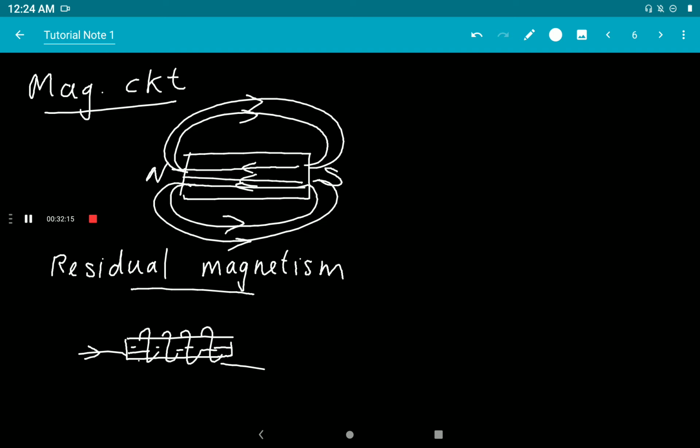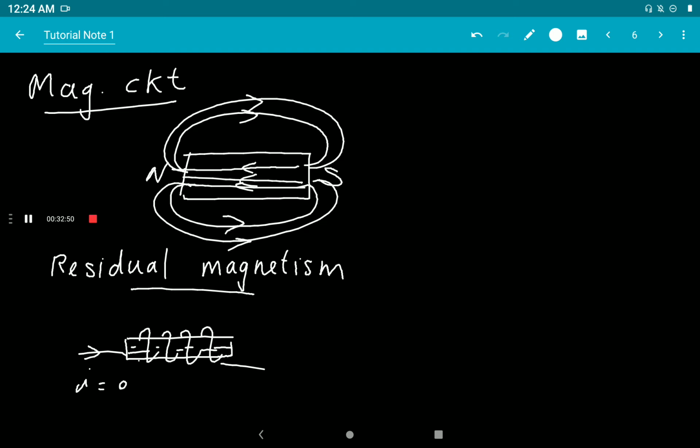But practically there is still some magnetism left in the rod when the current is reduced to zero. The magnetism left in a magnetic substance after the magnetizing force has been removed is known as residual magnetism.